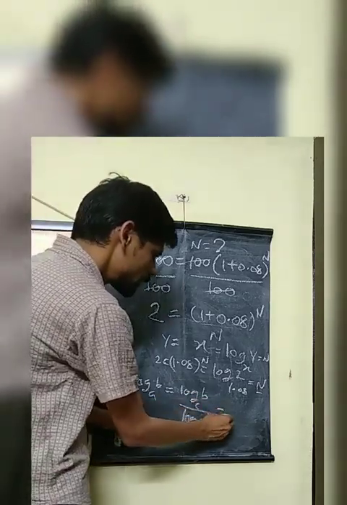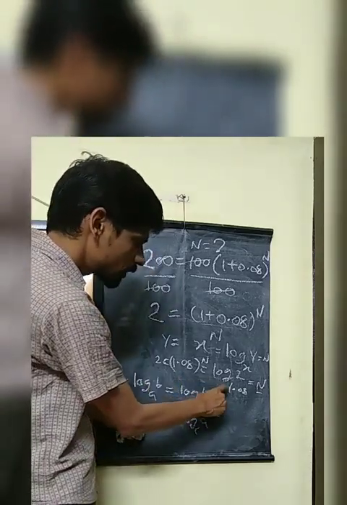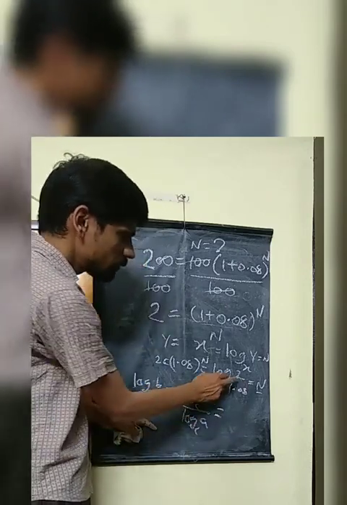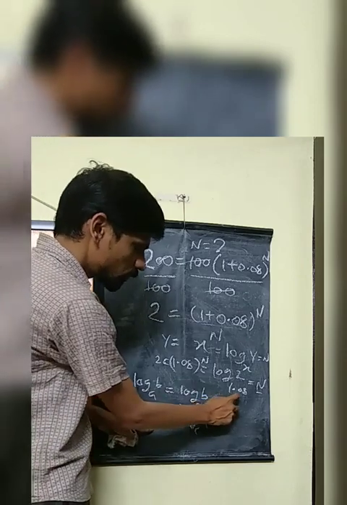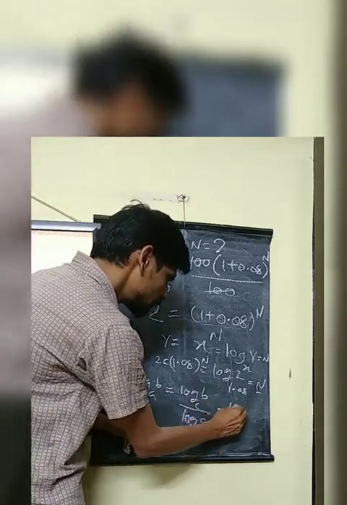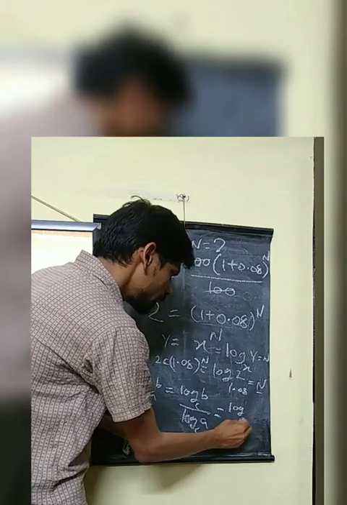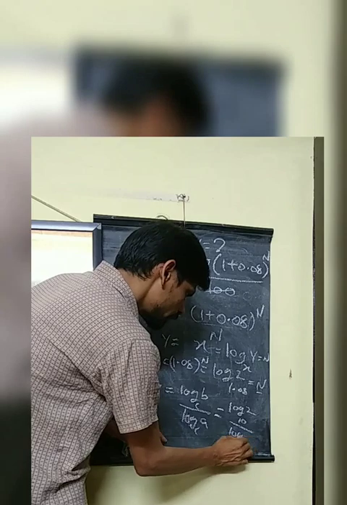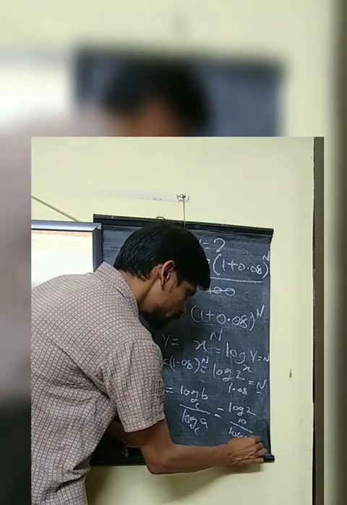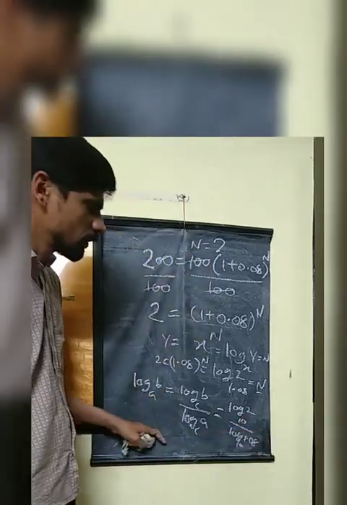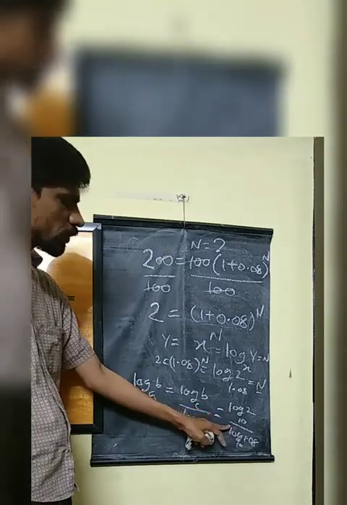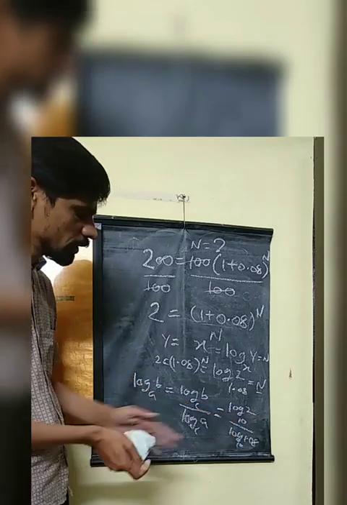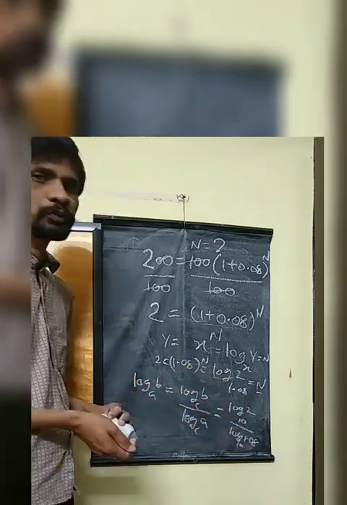So if we translate this in this way, what is my b? b is 2. What is my a? a is 1.08. So that means log base 10 of 2 divided by log base 10 of 1.08. You can use your calculator, because a scientific calculator is always base 10, so we will get the value.